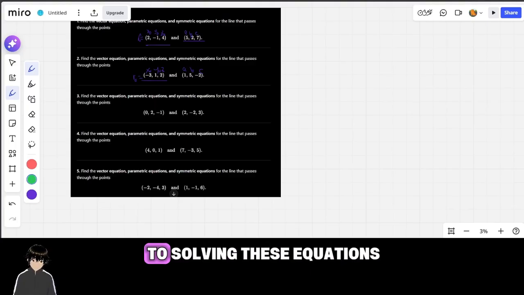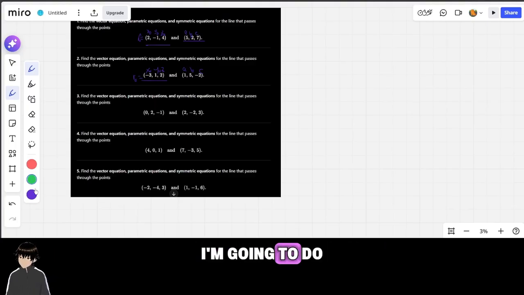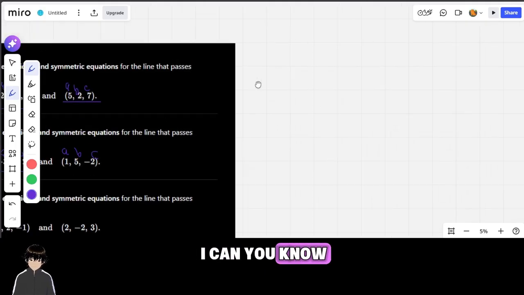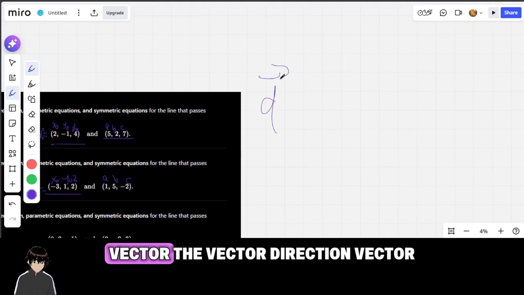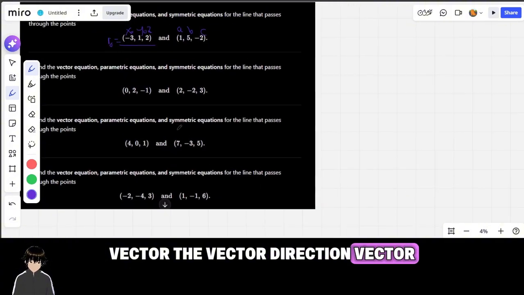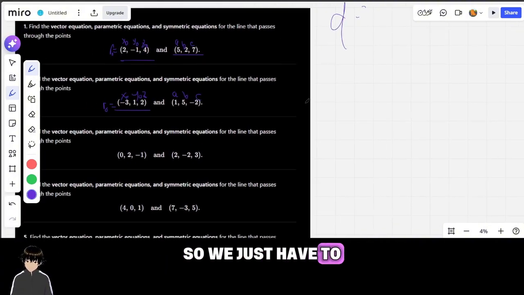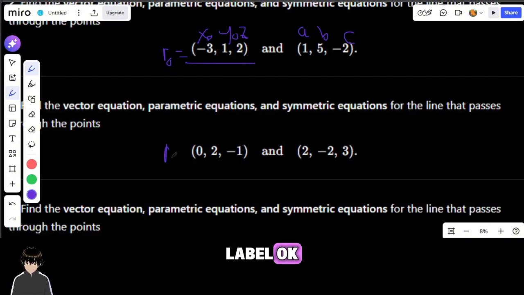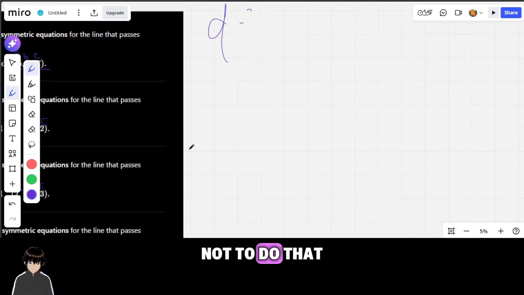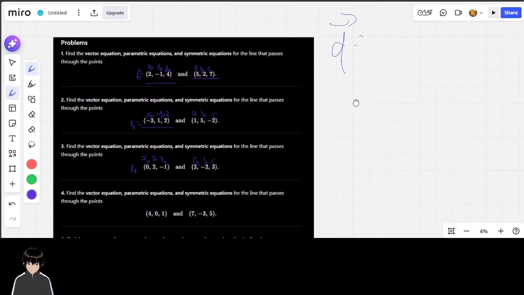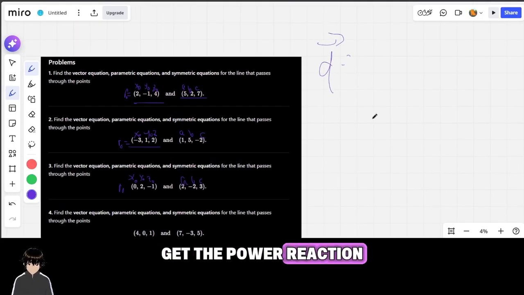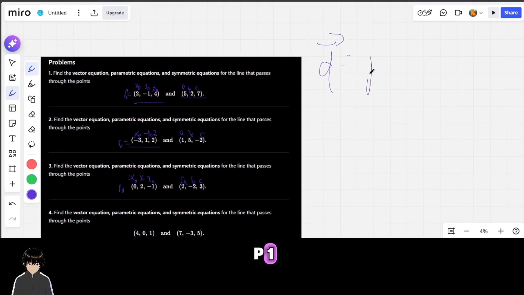All right, let's get back to solving these equations. I'm going to do this as fast as I can. So the direction vector: we just have to label x naught, y naught, z naught, a, b, c. To get a direction vector, it's p2 minus p1.